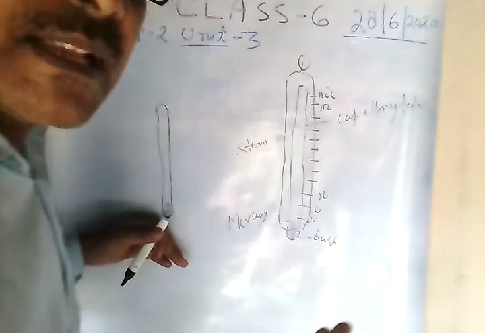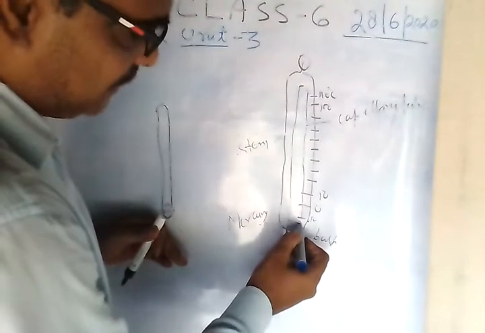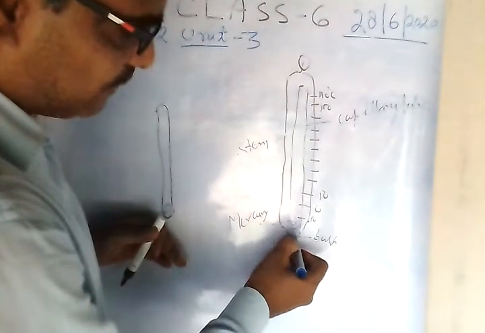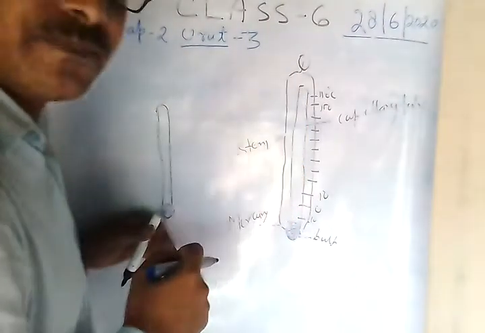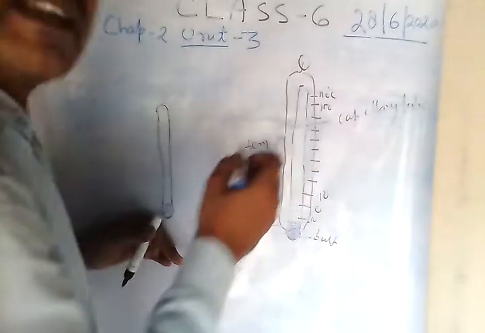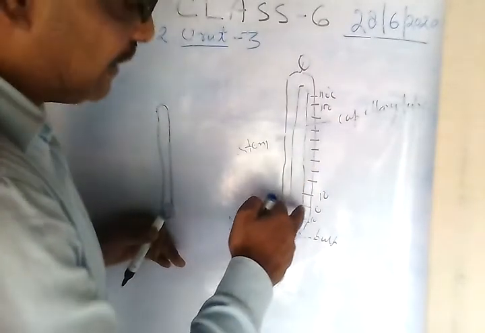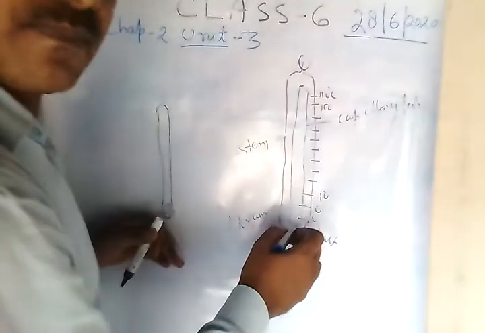When we want to measure the temperature of any object, what happens? When we touch the bulb of the mercury with a hot object, the mercury will expand in the capillary tube. This capillary tube is made of glass, and it is protected by another glass called the stem.